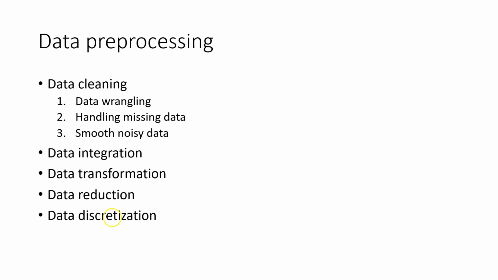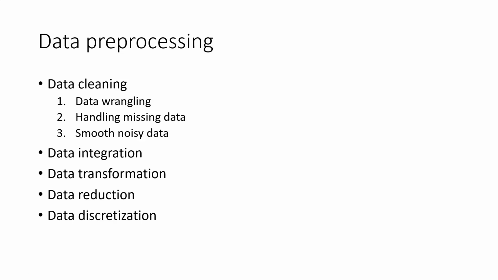The last but of course not the least is the concept of data discretization. In many cases you have data in continuous form, and you want to convert it into some discretized or discrete form. This is required in many machine learning models as well.